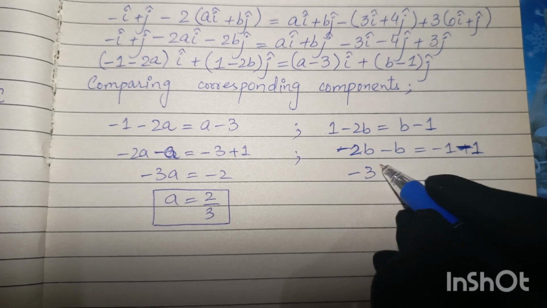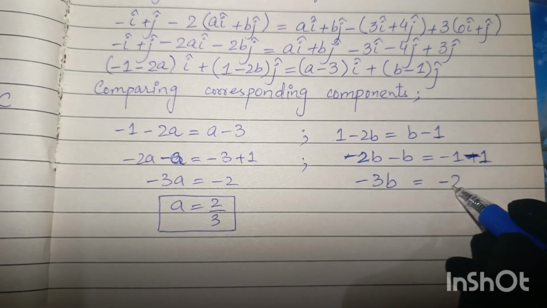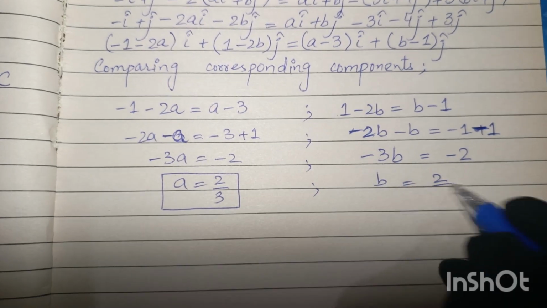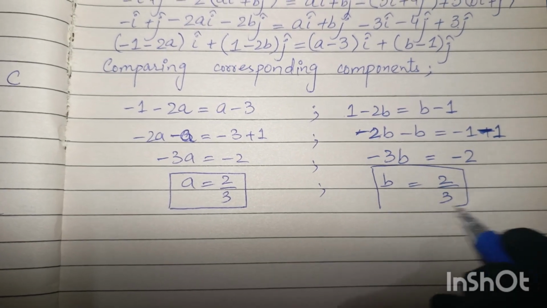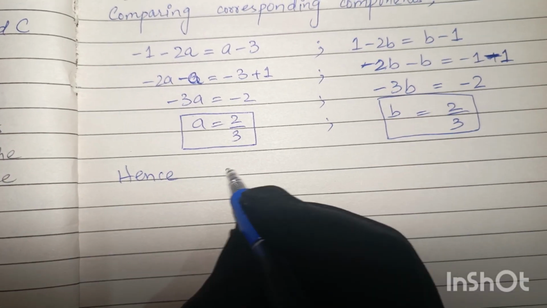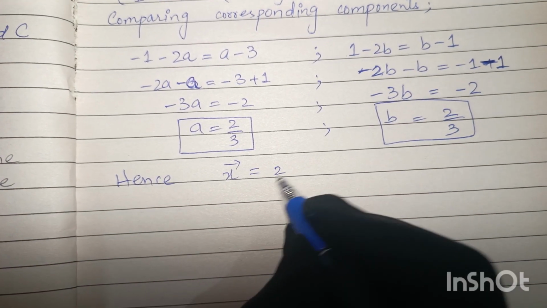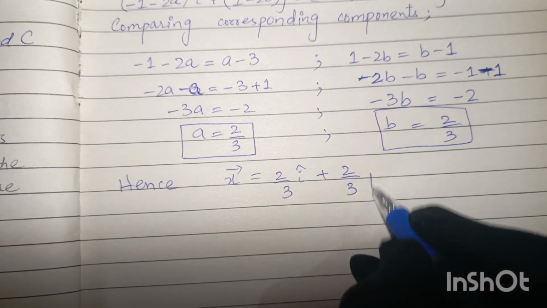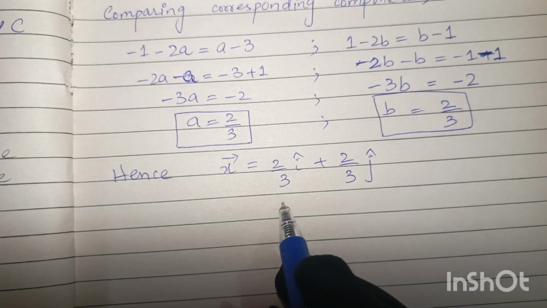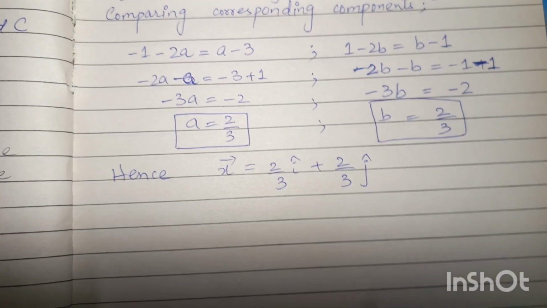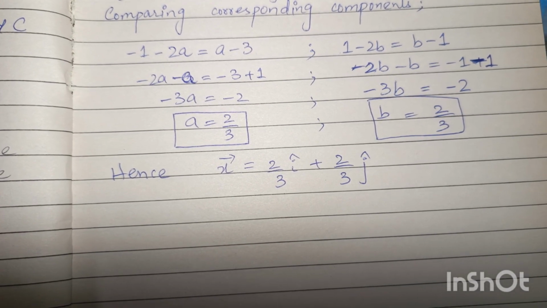So this is equal to minus 3b is equal to minus 2, and b is also equal to 2 by 3. So hence the required x vector will be 2 by 3 i plus 2 by 3 j after putting the values of a and b here. So this is our final answer for the first part of question number 3.